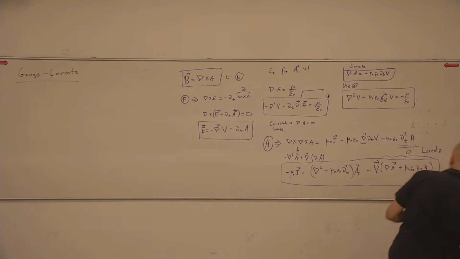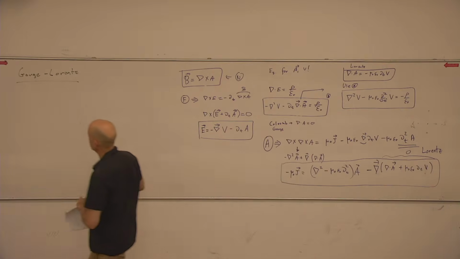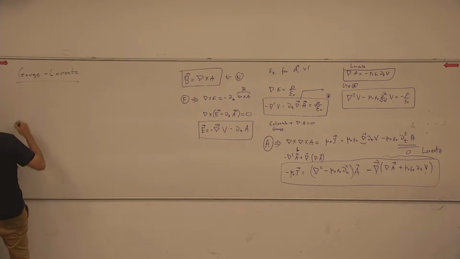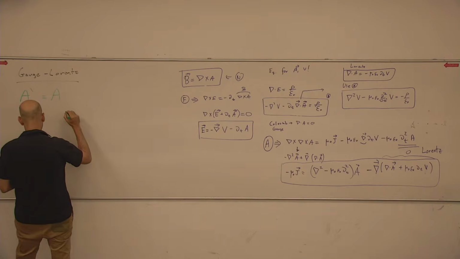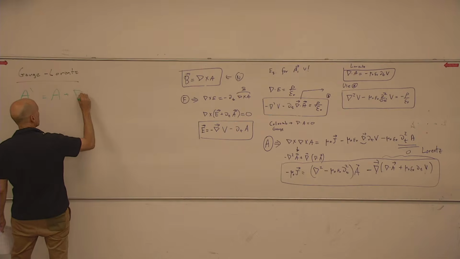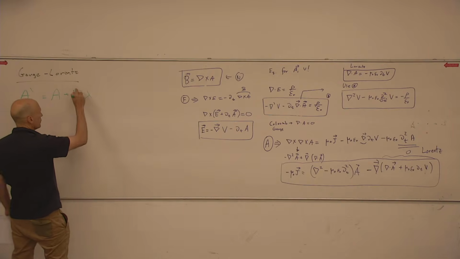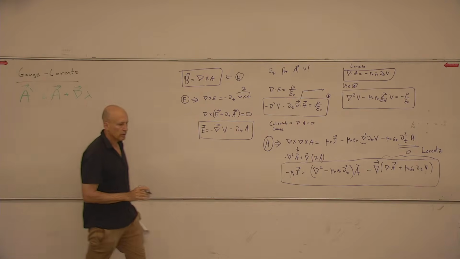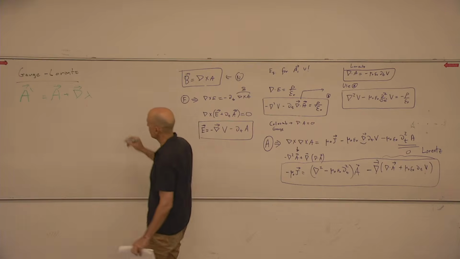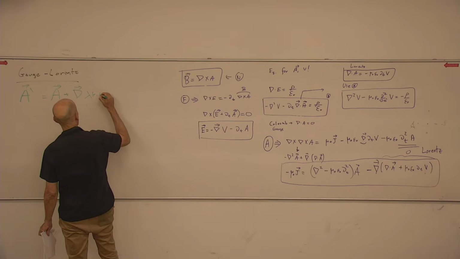So yeah, if I have A prime, which is a function of r and t, which is equal to A plus del lambda. Lambda is a scalar, which in principle depends on r and t.